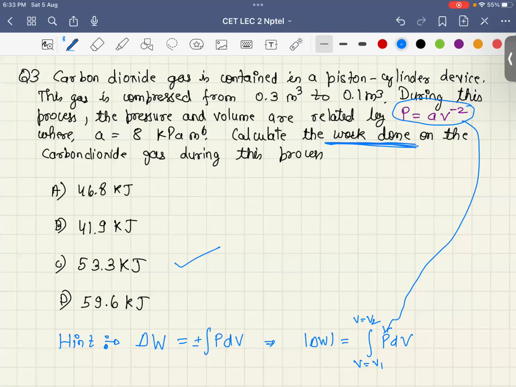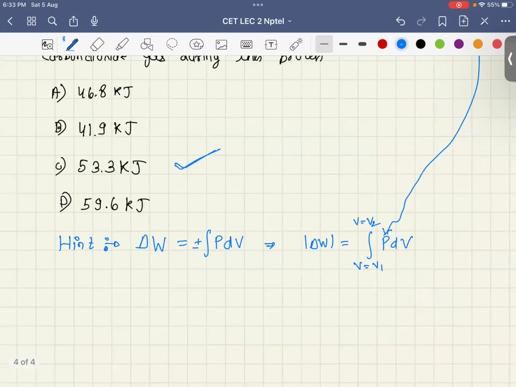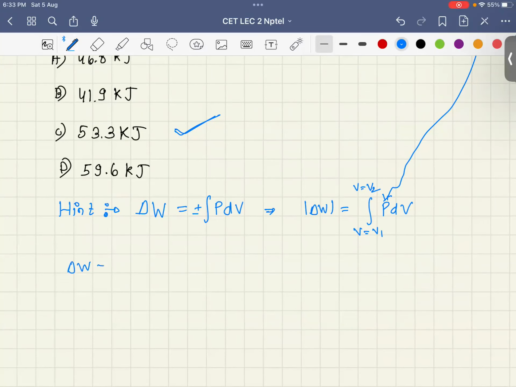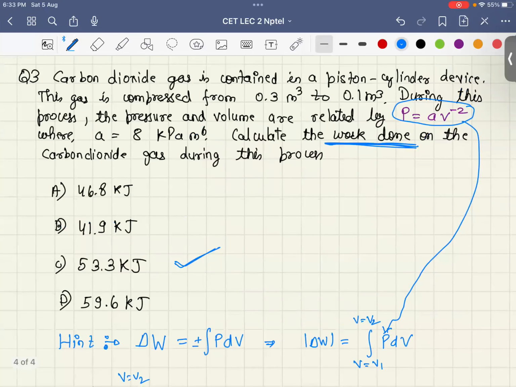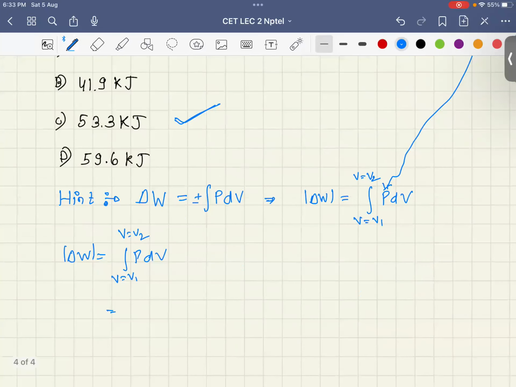The correct answer is option C. Did anybody get it? So mod of delta W is nothing but integral PdV from V equals V1 to V equals V2, right? What are we given? We are given P as A by V square, right?